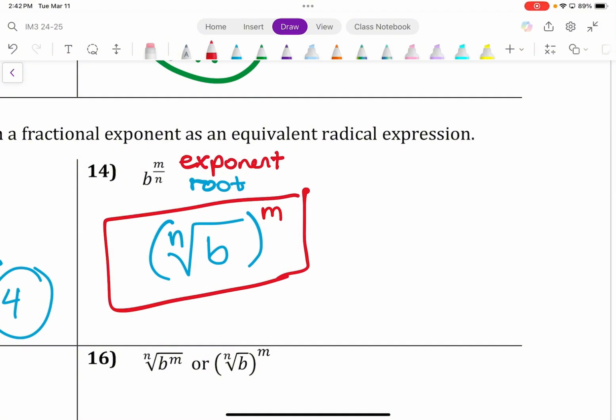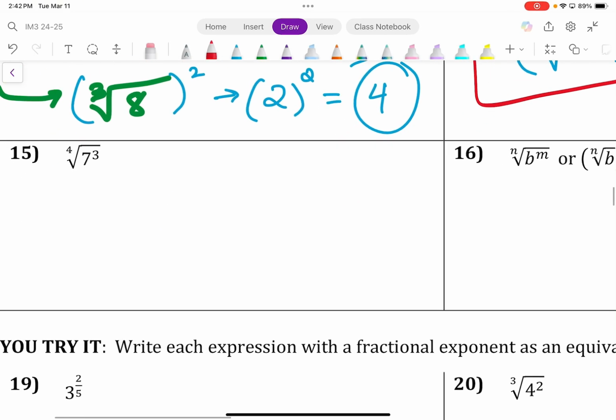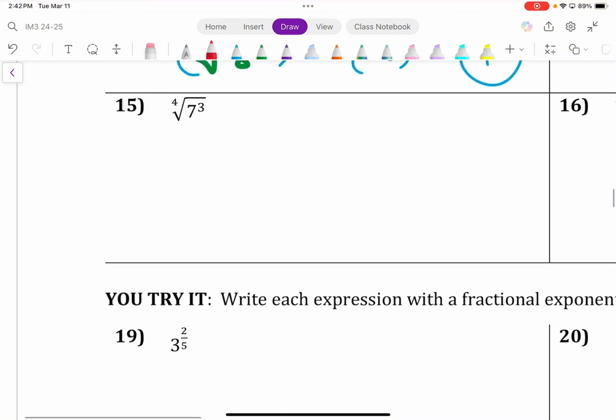Now let's say that we want to go backwards, from root form back to fractional form, like this. In problem 15, fourth root of 7 to the third, which number represents the root? Of the 3 numbers here, which represents the root? 4 represents the root.